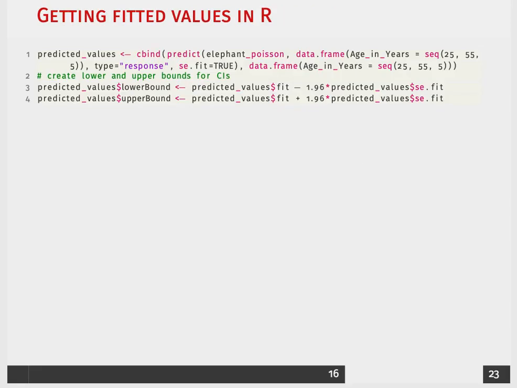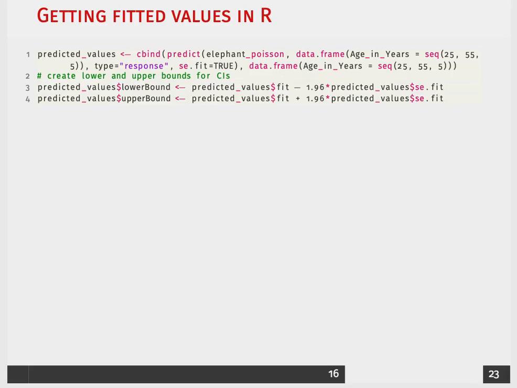So if we want to get not only the predicted values that we just calculated, but also confidence intervals around that, we could use the predict function. All I'm doing here in line 1 is creating a data frame in which we have age from 25 through 55, going by every 5 years: 25, 30, 35, 40, 45, 50, 55.